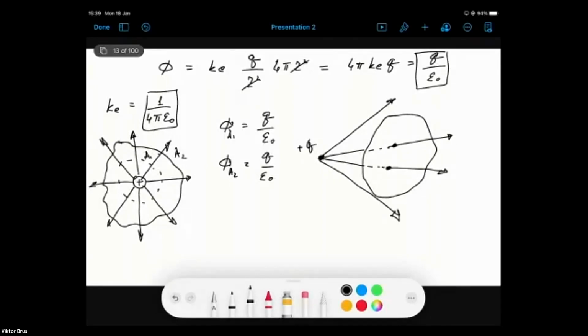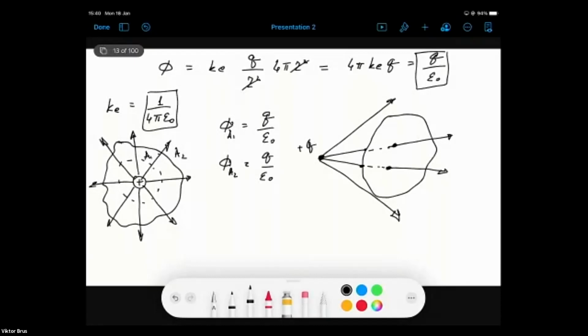So it is obvious that if we have an electric charge outside the closed surface, the number of those electric field lines which enter the closed surface will be equal to the number of those electric field lines which go out from this surface. And since we are interested in the net electric field flux, it will be defined by the difference between the number of electric field lines which go inside and those which go outside.